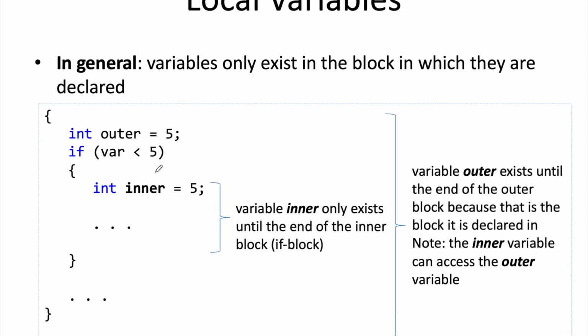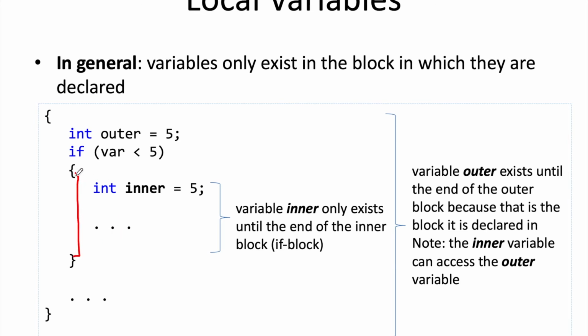In general, variables can only exist in the block in which they are declared. You can see this code has two variables. The first one is called outer. The second one is called inner. The inner variable exists within this block of code.